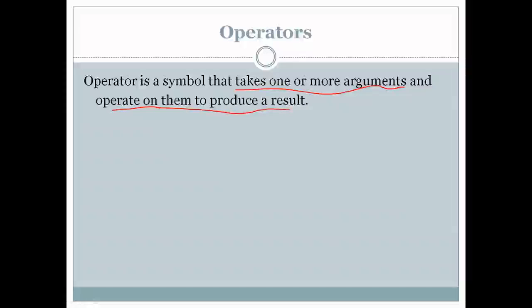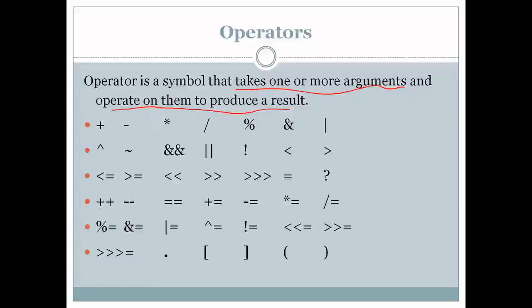So we have operators like plus, minus, multiply. There are different types of operators available. Java also uses similar types of operators to those used in the C programming language. So let's see some of the operators here.